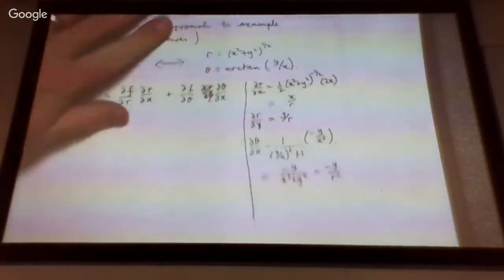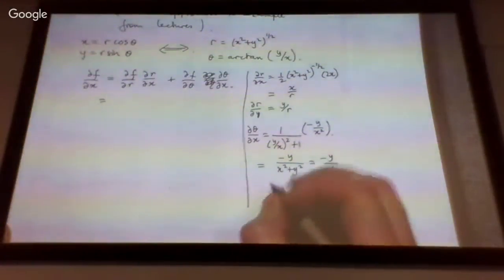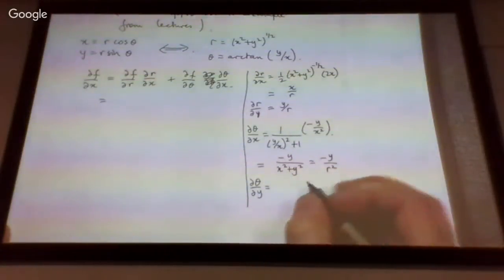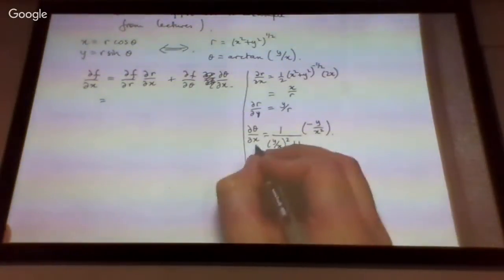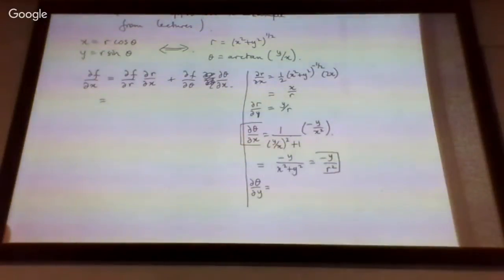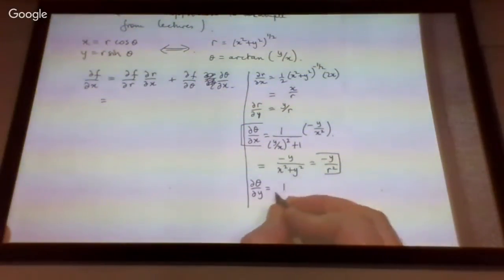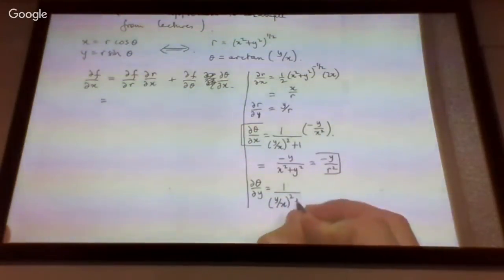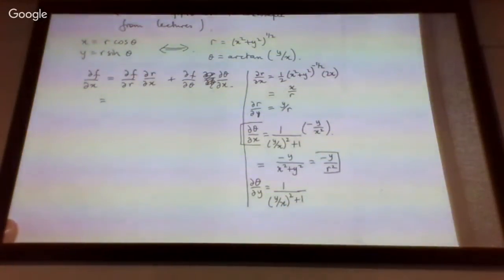And then for translating df dy, I'll also need d theta dy. And d theta dy can be calculated in a similar way. So first, differentiating the inverse tan, I get 1 over the square of y over x plus 1. Then multiplied by the derivative with respect to y of the inner argument, y over x.